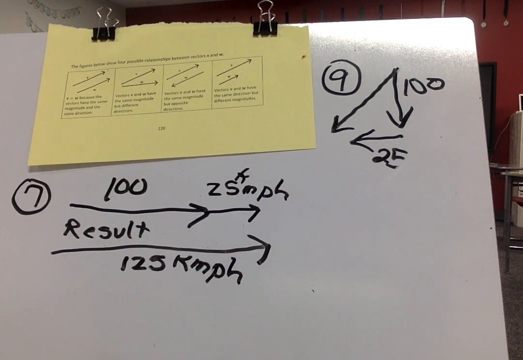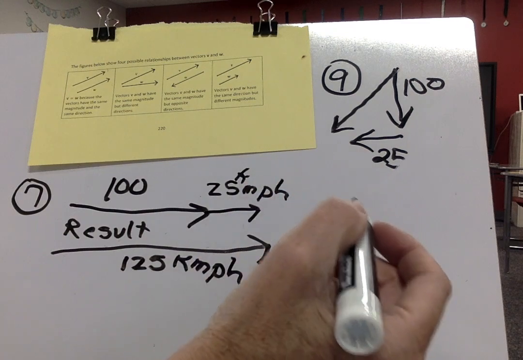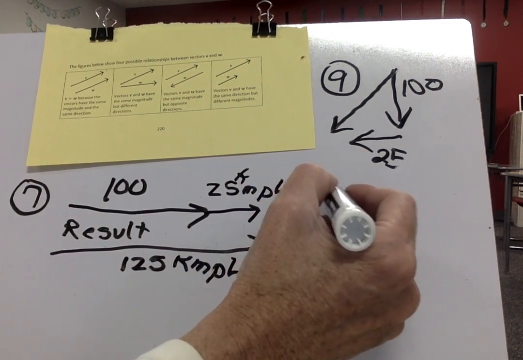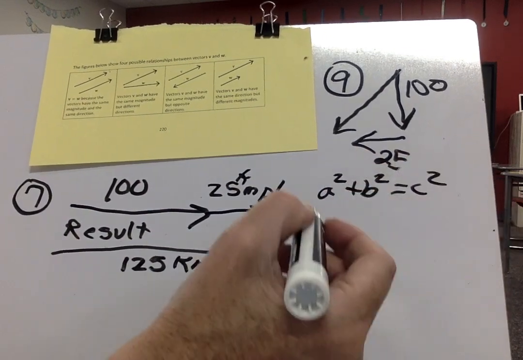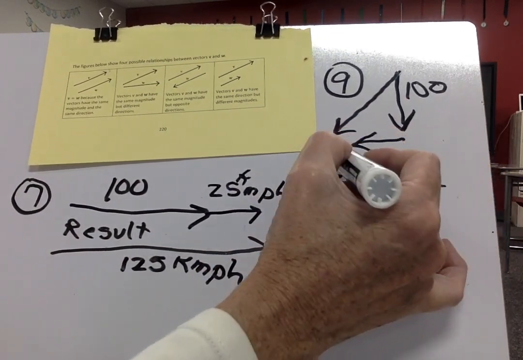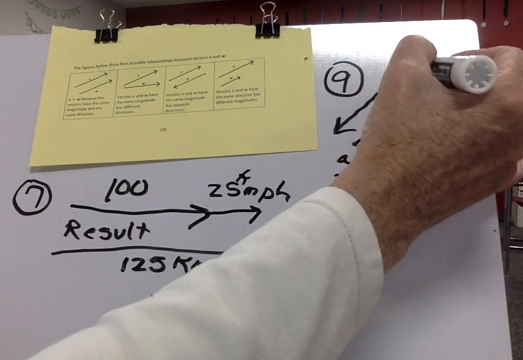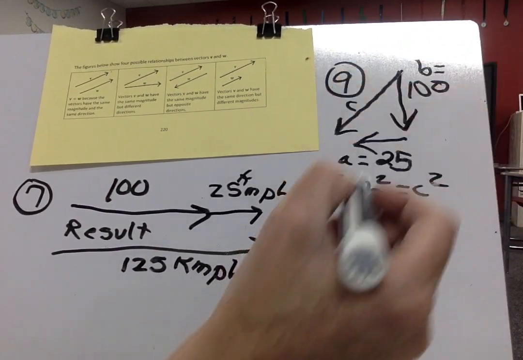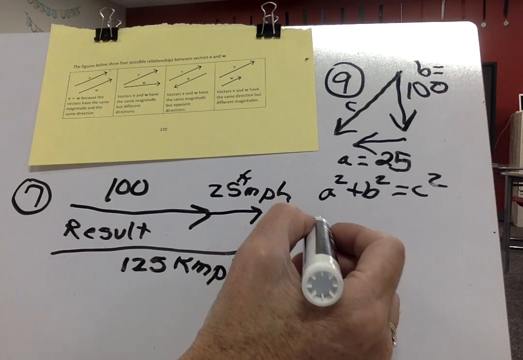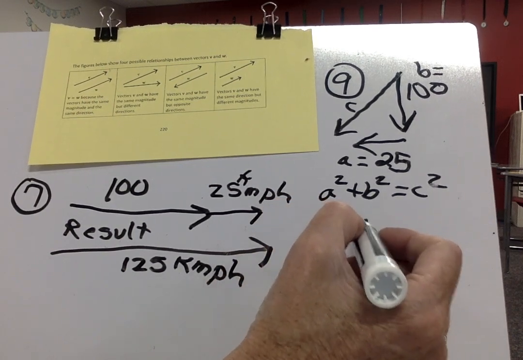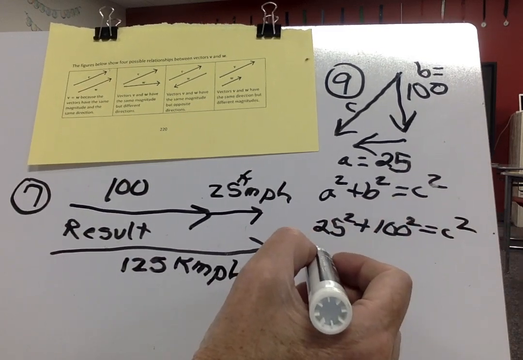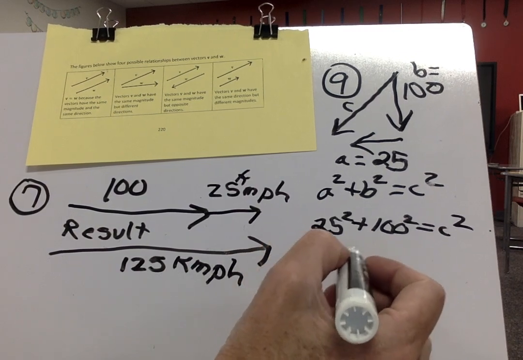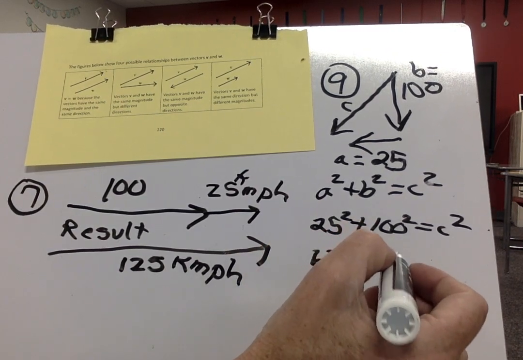The way we figure out that speed is we're going to use the Pythagorean theorem, a squared plus b squared equals c squared. We're going to say a is 25, b is 100, and this is c. So 25 squared plus 100 squared equals c squared. 25 squared is 625, and 100 squared is 10,000.